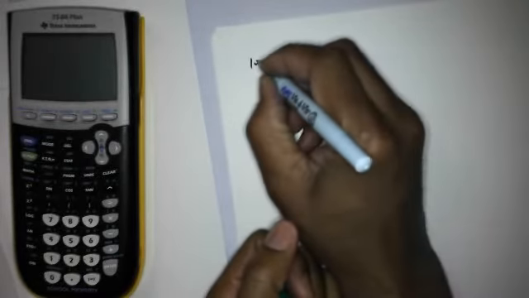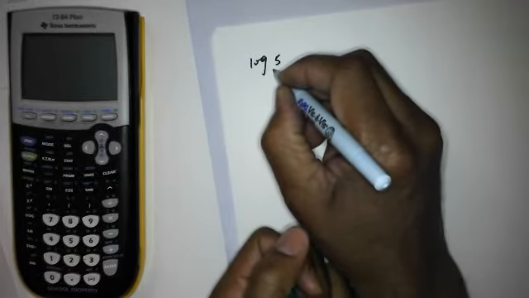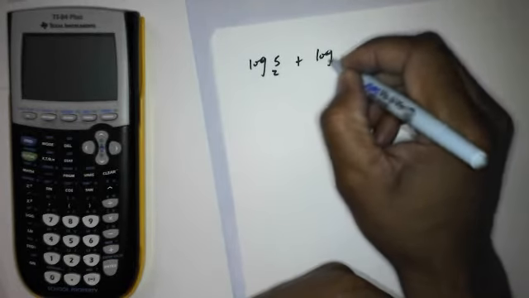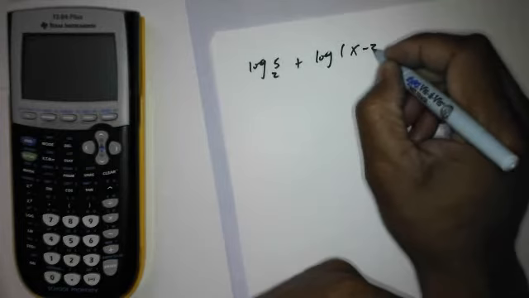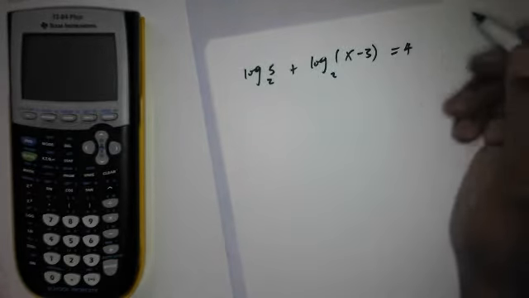Let's go through more quickly, and let's look at another example. Example 3. Here we have log 5 base 2 plus log x minus 3 base 2 equals 4.